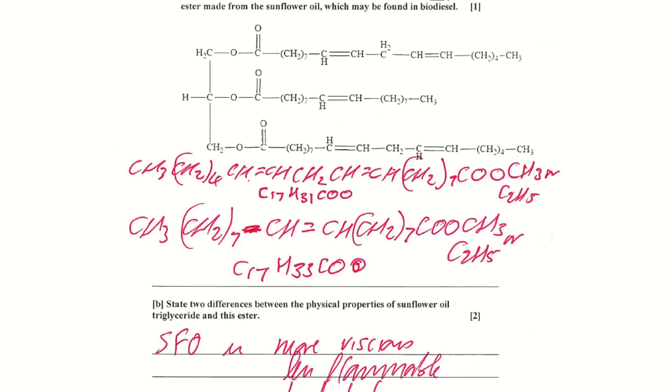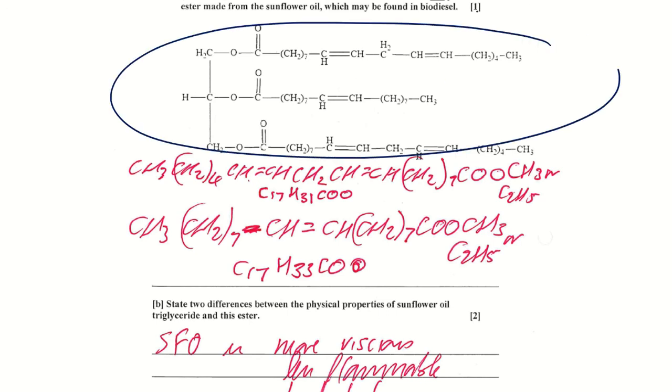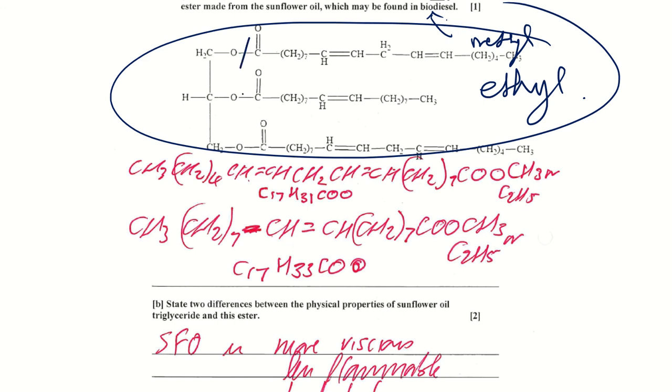Okay. This one then, we had to take this molecule here, which was sunflower oil, and work out one of the esters that we make when we make biodiesel. If you remember, when we make biodiesel, we're making either the methyl ester or the ethyl ester. So we had to chop this molecule here, here, or here, and take, let's say, that chain there.